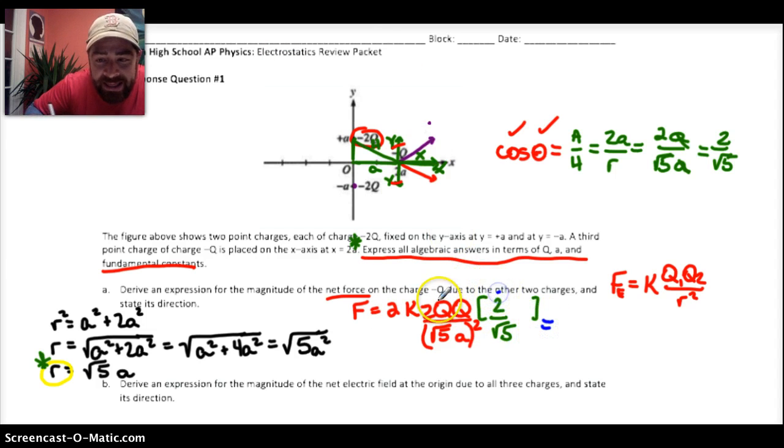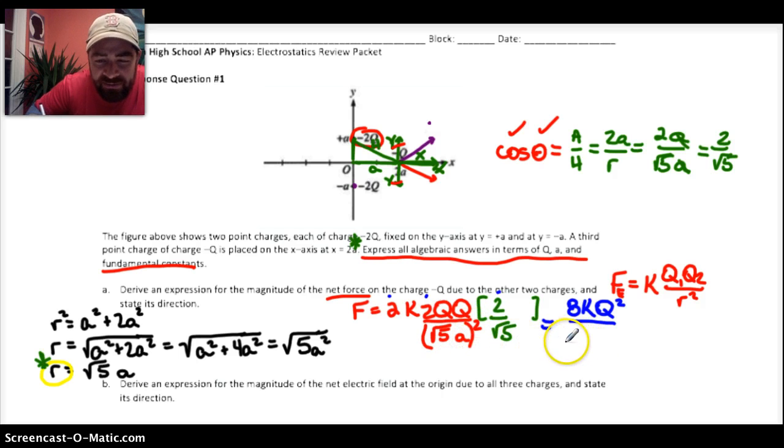I'm going to multiply that 2 and that 2. So 2 times 2 is 4, 4 times 2 is 8. I get 8 times k. The k doesn't go anywhere. Times q is q squared. And then in the denominator, I've got root 5a times root 5a.